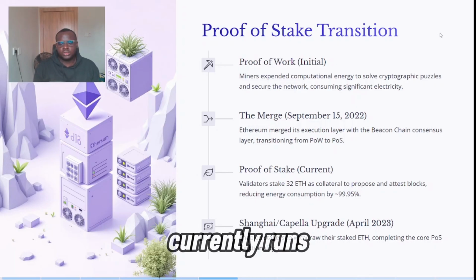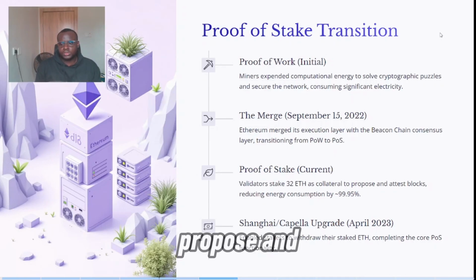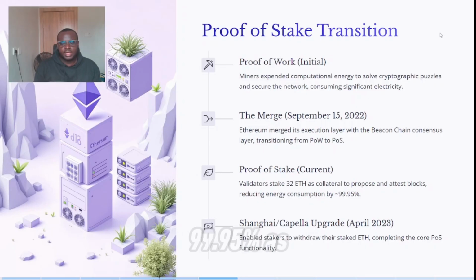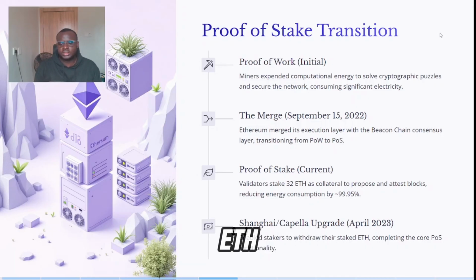Ethereum currently runs on proof of stake, and validators need a minimum of 32 ETH as collateral to propose and add new blocks, and this reduces energy consumption by 99.95% as against proof of work. The Shanghai Capella upgrade in April 2023 enables stakers to withdraw their staked ETH, and this completes the core proof of stake functionality.